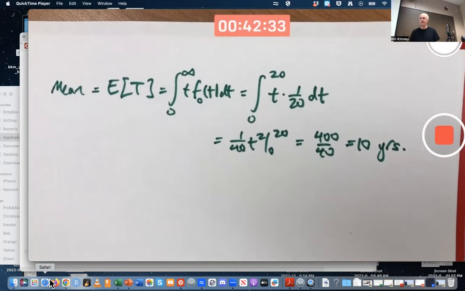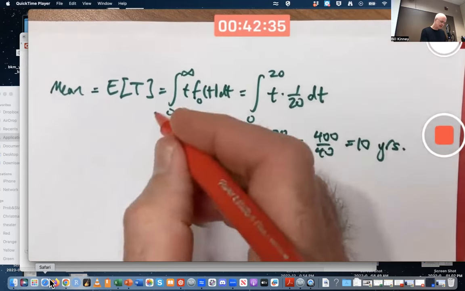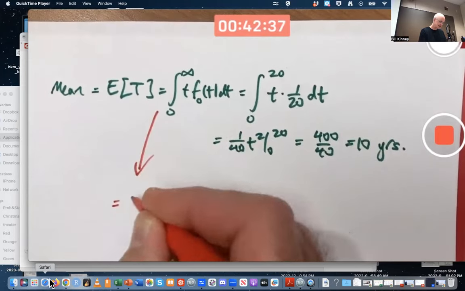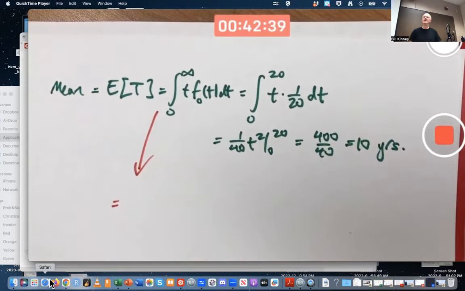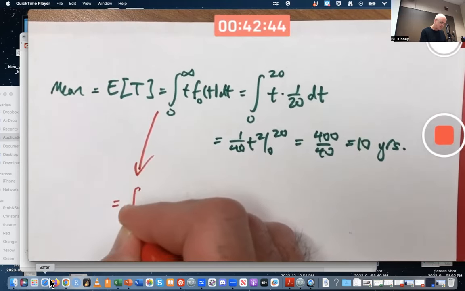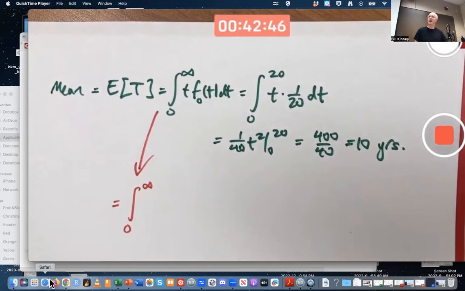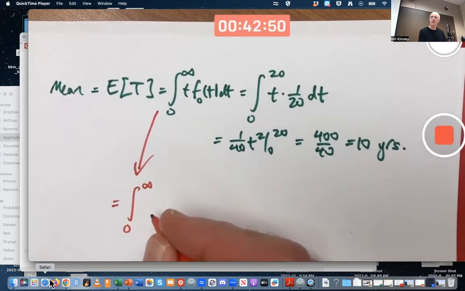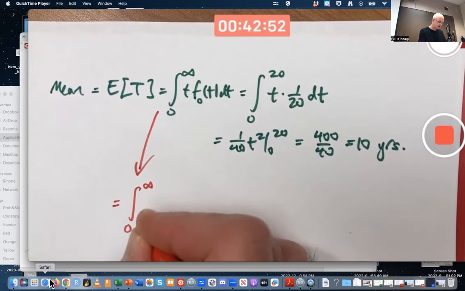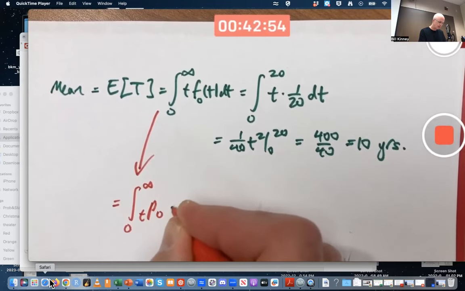But there's a new formula for the mean in this context that says you actually don't have to integrate t times the PDF. Instead, you can integrate just the survival function, sigma of t or S of t, or I'll use the standard notation tp0.